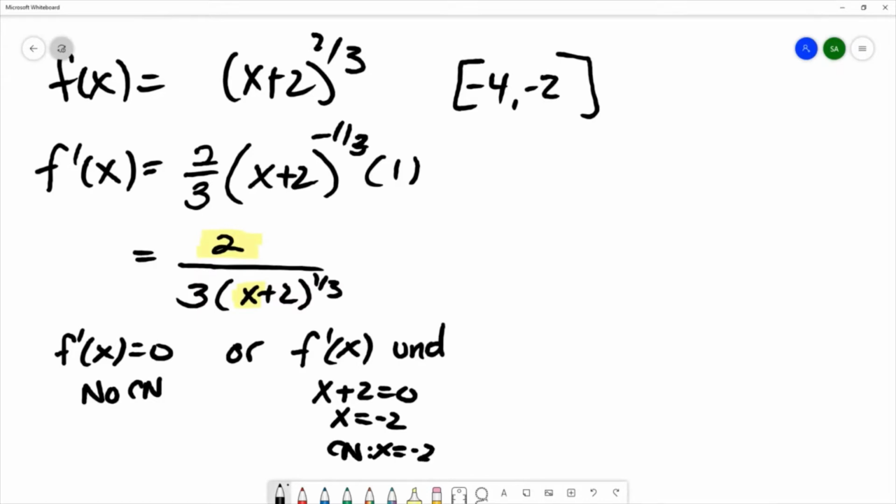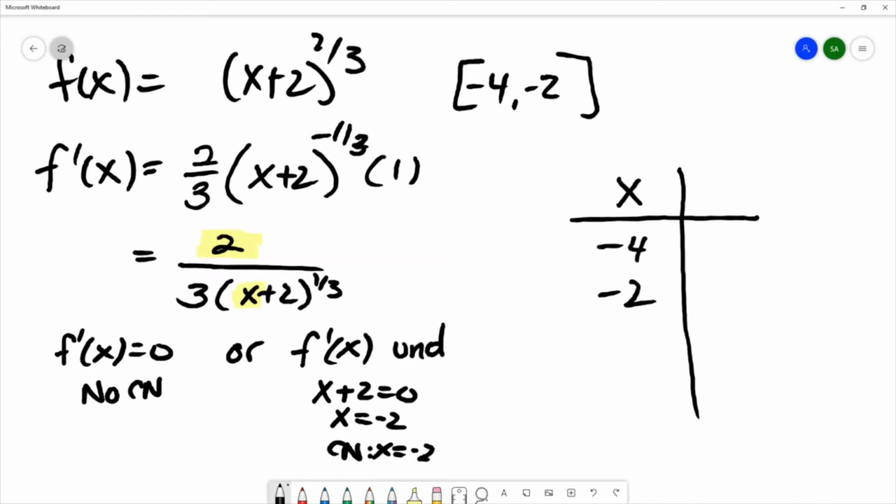So I want to test my critical numbers as well as my endpoints. So my endpoint of -4, my critical number of -2, that also happens to be an endpoint. And I'm going to test that in the original function. We've got f of -4 is (-4 + 2) to the 2/3 power.